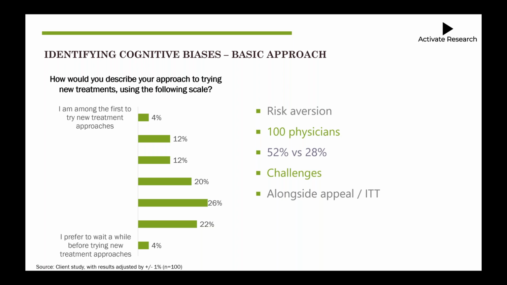So in this type of study, I will often ask this type of question alongside the more product-specific appeal, intention to purchase, intention to treat type of questions. Hopefully you can see this is a pretty straightforward way, and as I say, there are lots and lots of cognitive biases out there that we can build into our quantitative projects.